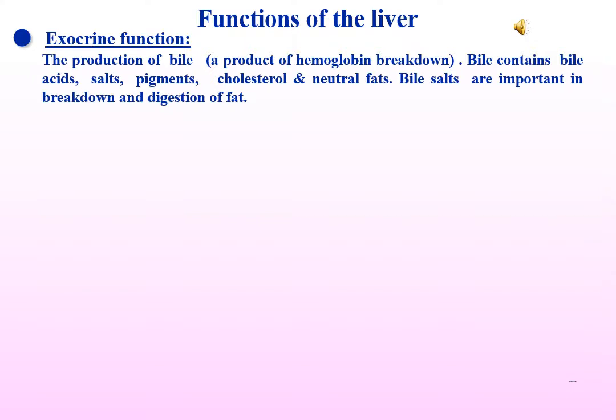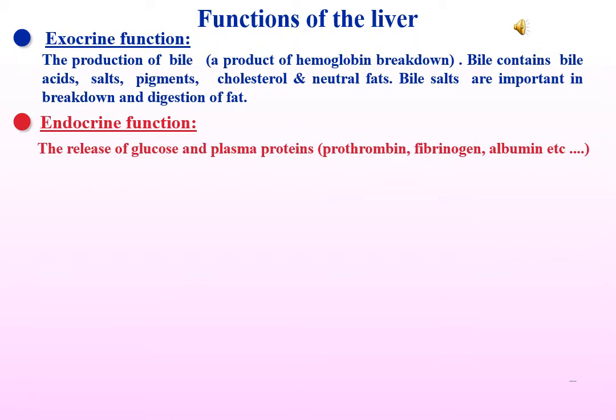Bile contains bile acids, salts, pigments, cholesterol, and neutral fats. Bile salts are important in the breakdown and digestion of fat. Endocrine function is the release of glucose and plasma proteins, prothrombin, fibrinogen, albumin, and so on.